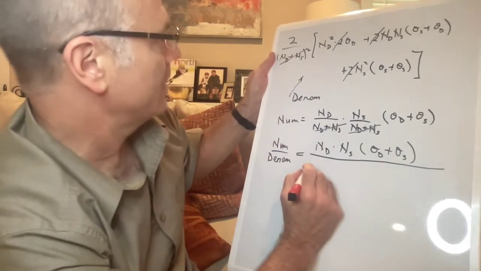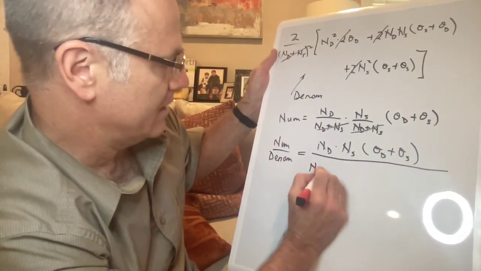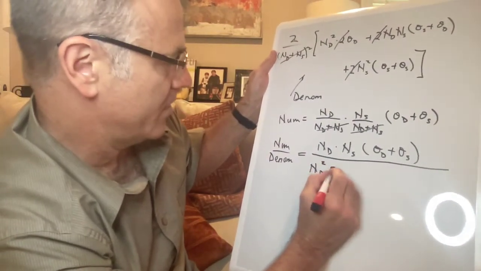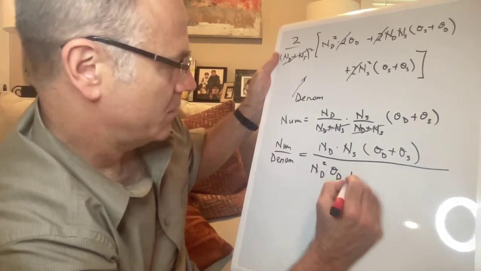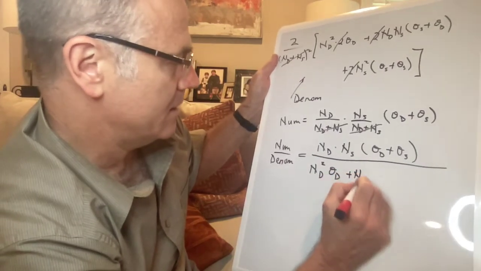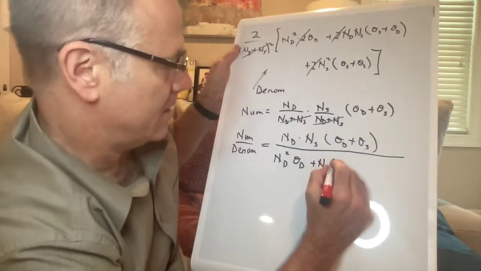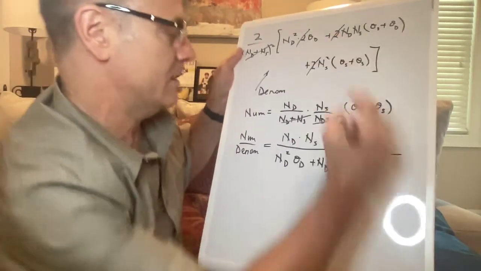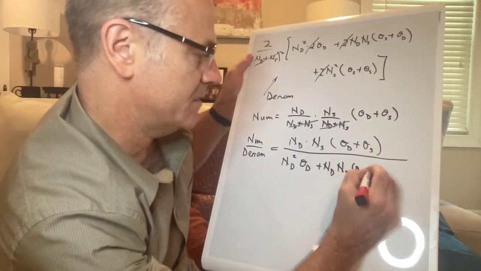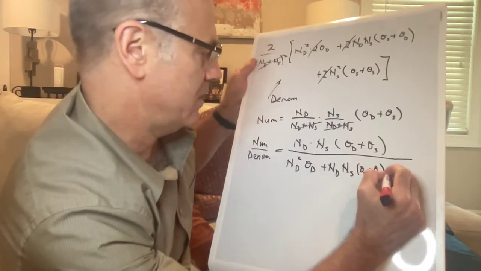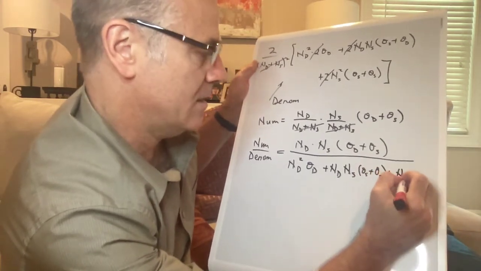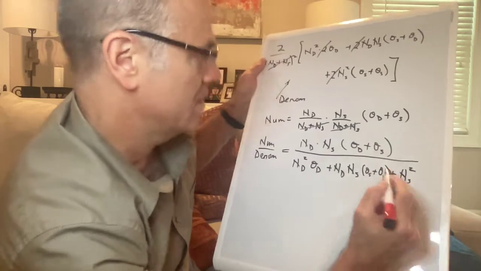The denominator is going to be ND squared theta D plus ND NS theta S plus theta D plus NS squared.